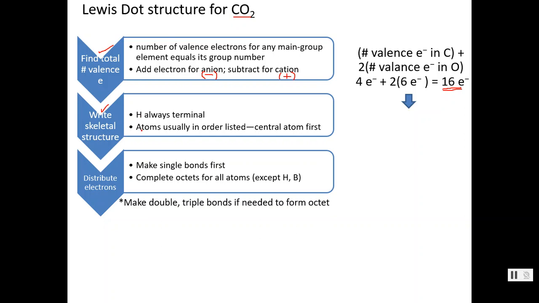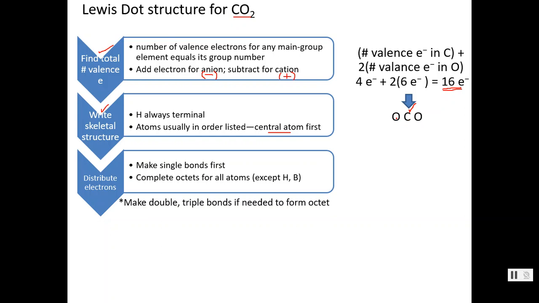The next rule is that the atoms are usually in the order listed, with the central atom being first. Looking at carbon dioxide, how I've written it here, I have carbon as my first atom, and so that carbon is going to be my central atom. Then I take my other atoms that are attached to the carbon and scatter them around the central atom.